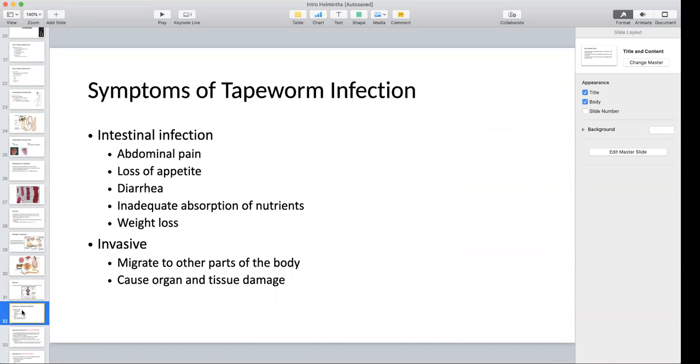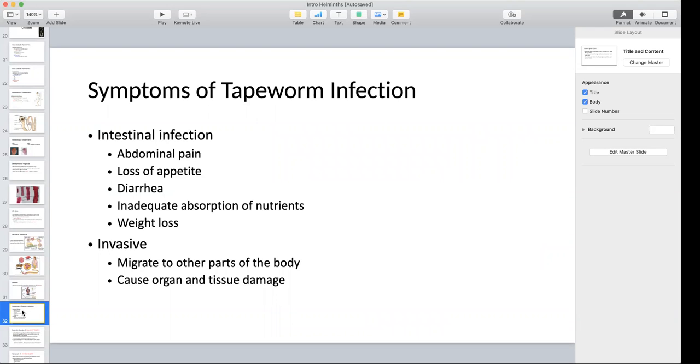Symptoms of a tapeworm infection: an intestinal infection characterized by abdominal pain, loss of appetite, diarrhea, inadequate absorption of nutrients, and ultimately weight loss. Some people exploit these properties to their benefit in some parts of the world.